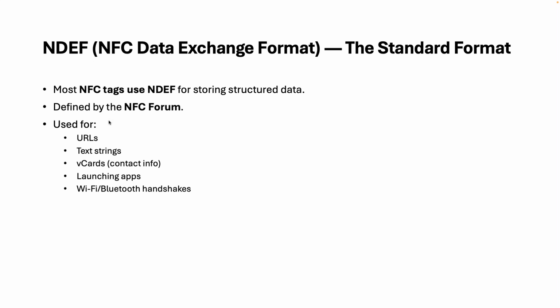And the NDEF format, basically how it's read, is used for encoding either URLs, so that it'll pop up a website when you scan it, or text strings, like for example a GUID, like we used in the inventory example, vCards, which are kind of like business cards or personal cards, where you can tap on it and transfer your name, email address, job title, and things like that, all with a click.